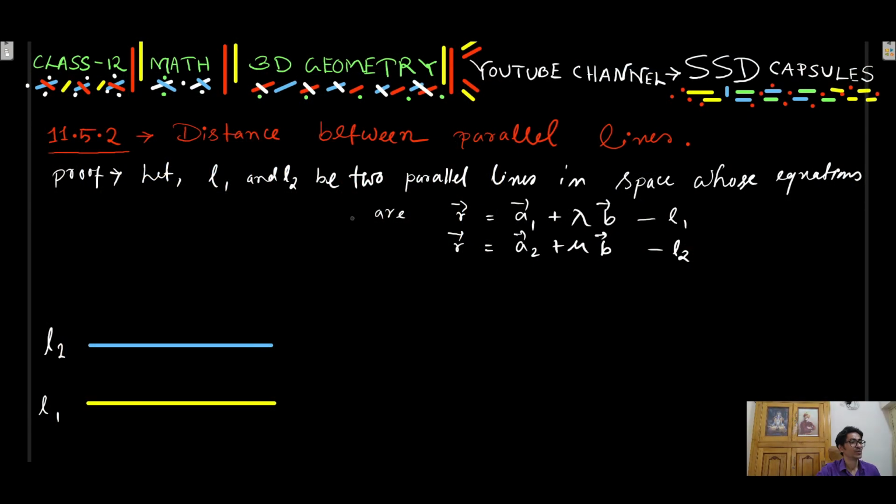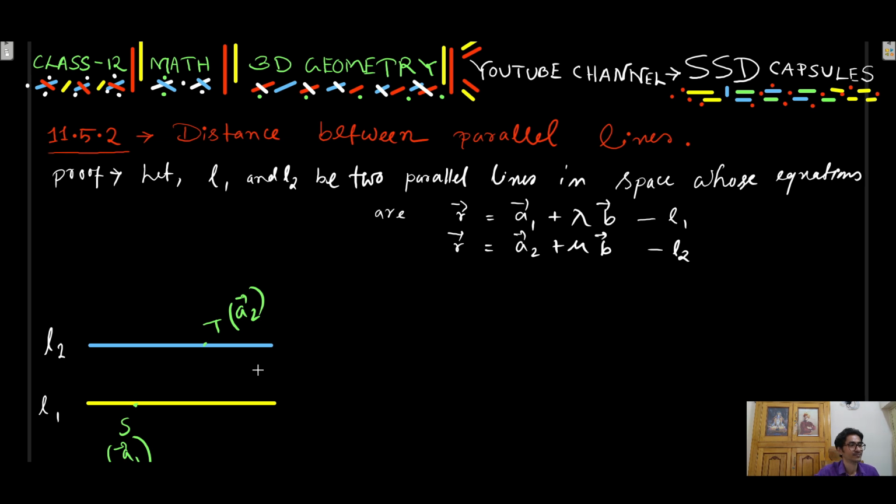Okay. So first we will understand the proof from the diagram. Take this point S, whose position vector is a1 vector, and take another point T, whose position vector is a2 vector.